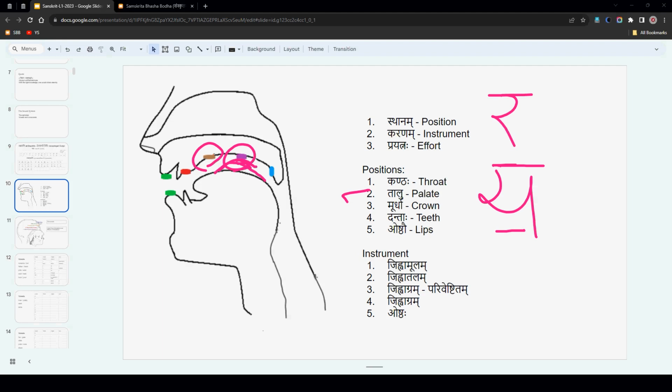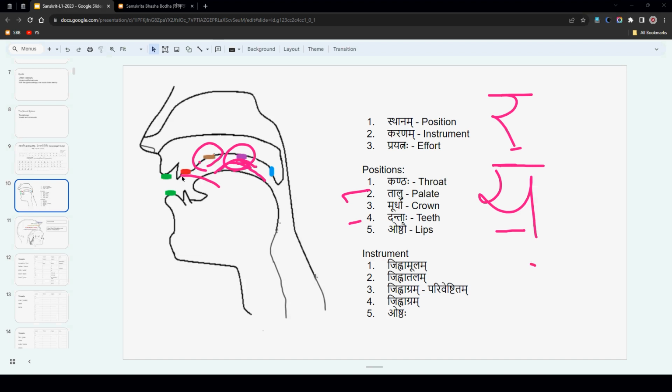This ra is similar to ta, tha, da, dha, na, the place is the same, but the sound is different. Then la. La is danta, like ta, tha, da, dha, na. La is also the same place.